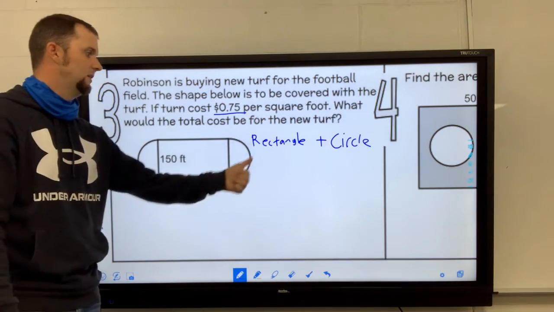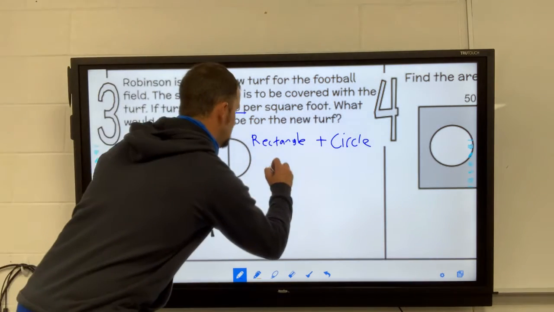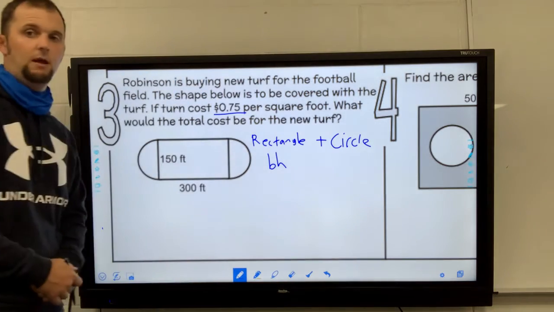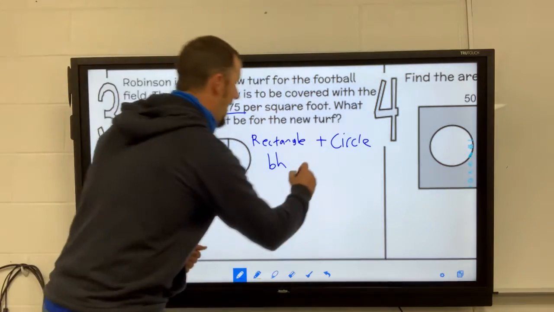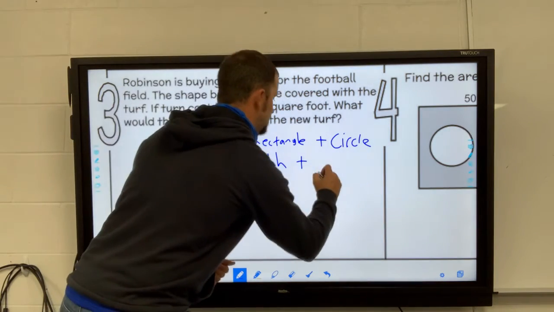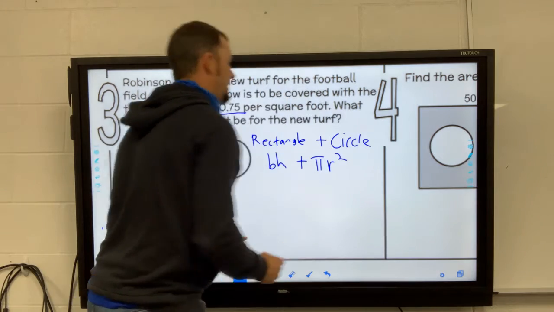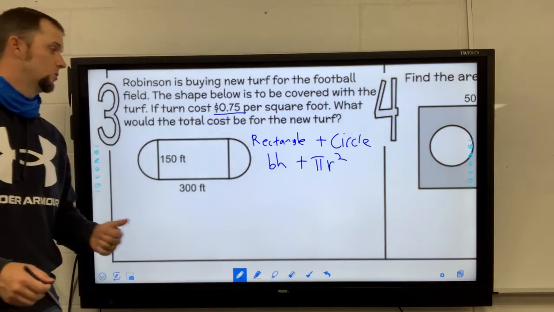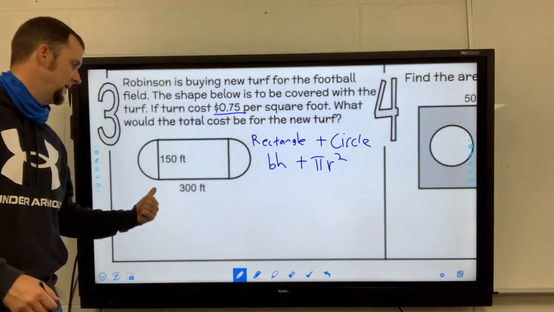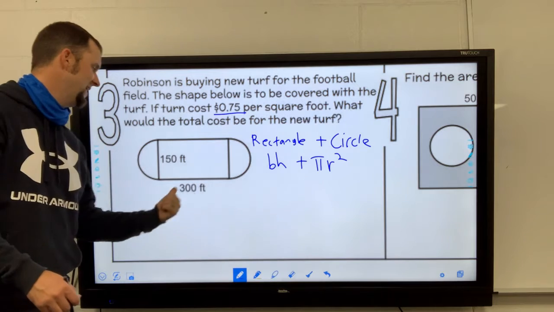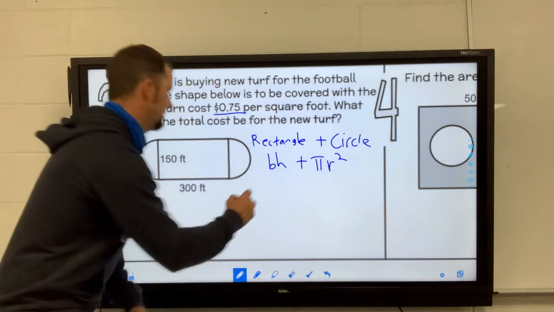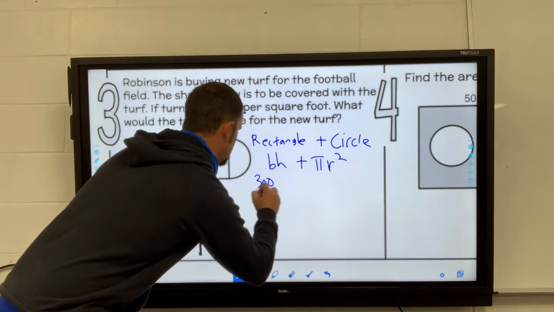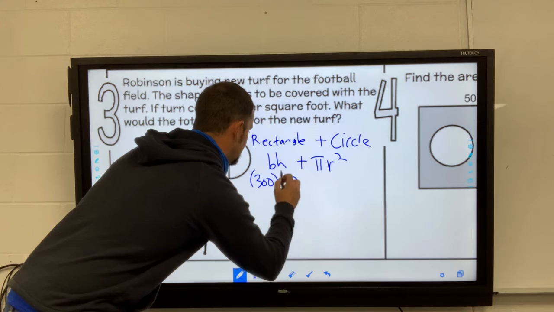So let's go and look at that. The rectangle, I know, is just going to be base times height, right? Then I need to add the area of a circle, which is just going to be pi r squared, okay? So right now, base and height, base of my rectangle is 300. The height is going to be 150. So 300 and then 150.